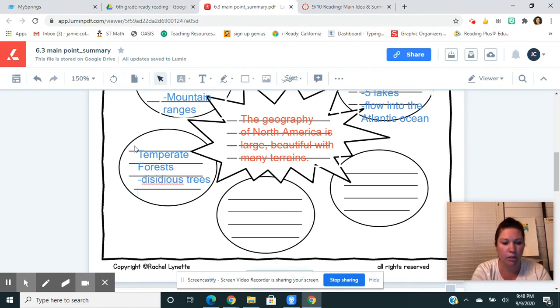I know I spelled that wrong. I think it's an E right here. Oh, I was still wrong. Next would be it's home to many animals. They talked about black bears in the article. Home to many animals.